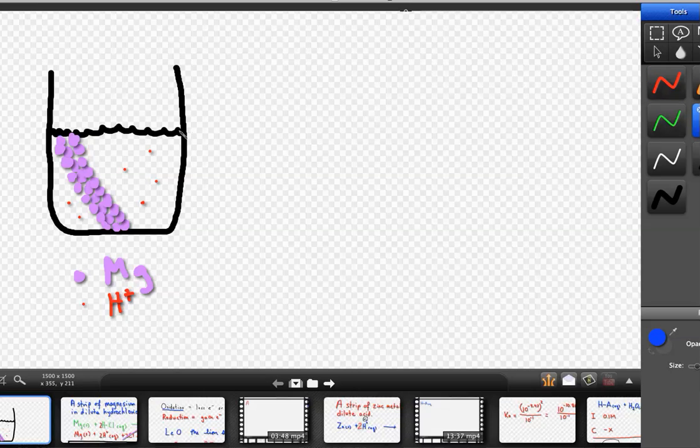H plus are going to be surrounded by water molecules, so I'm going to draw a sphere of solvation. Remember, this is a cartoon, so we don't have to be perfectly accurate. It's just a model.